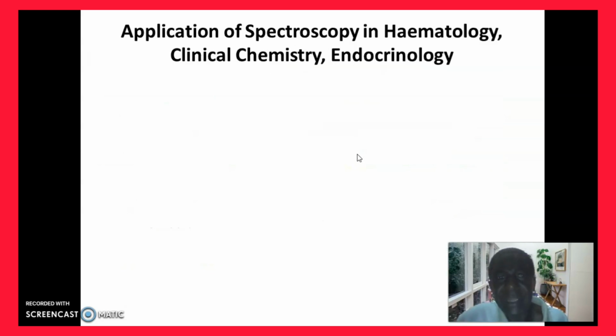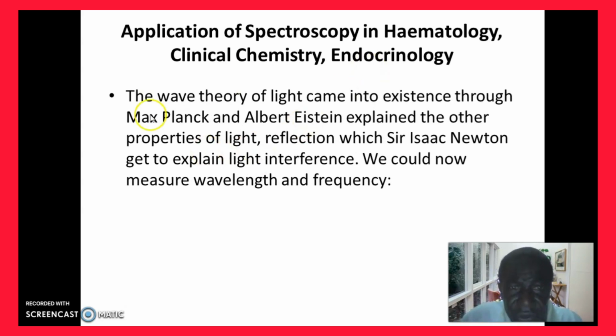Now to the application of spectroscopy in hematology, chemistry, endocrinology and any other field. The wave theory of light came into existence through Planck, as explained earlier. The other property of light, reflection, which Isaac Newton explained, and light interference, was what they were able to do.